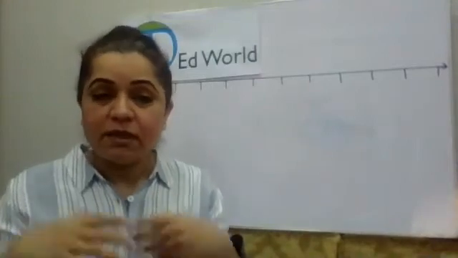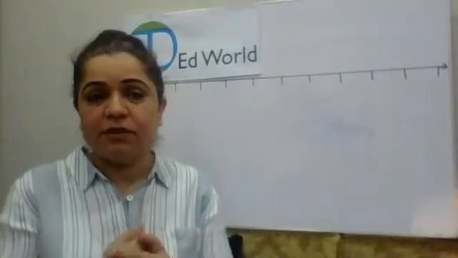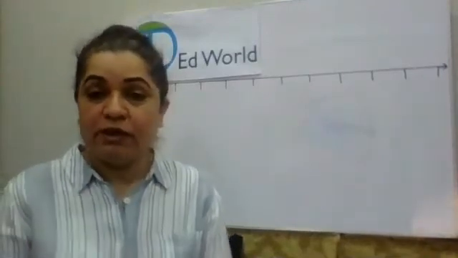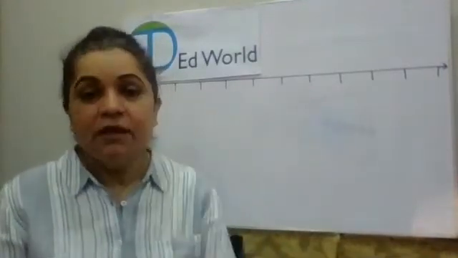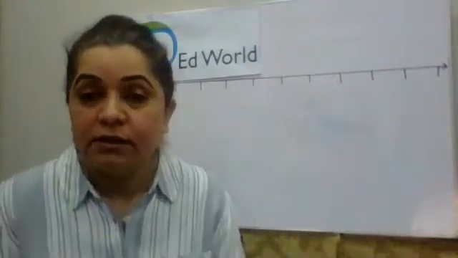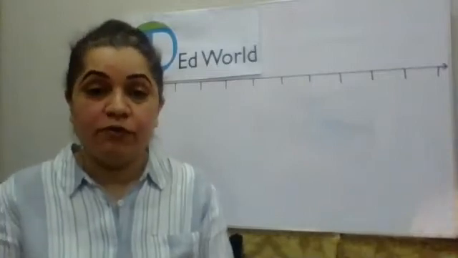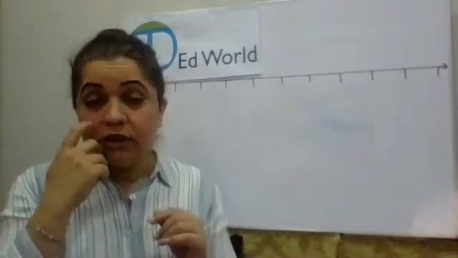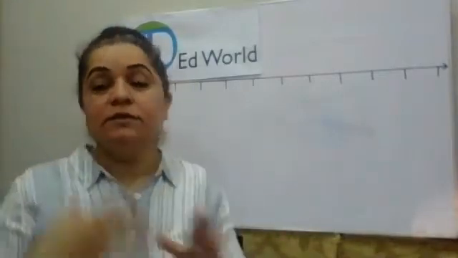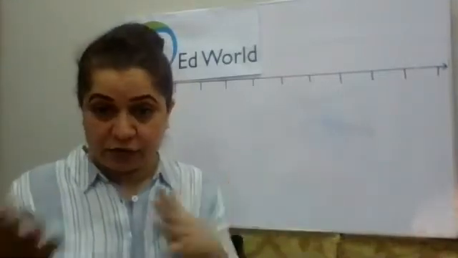There are different numbers we are doing, and today we are going to learn the concept of the numbers, which is the bigger and which is the smaller. So we are going to do the comparison of the numbers.